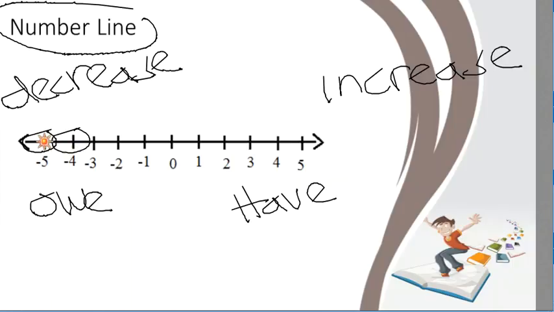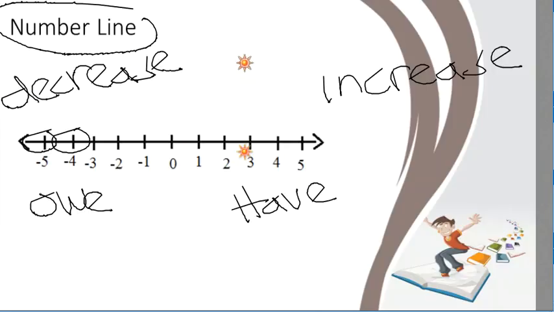So if you owe $5, you have less. That's of less value than if you owe $4. I hope that makes sense to you. And obviously, if you have $5, that is more than having $4. So just remember that on a number line, as we move to the right, the numbers increase in value, and as we move to the left, the numbers decrease in value.